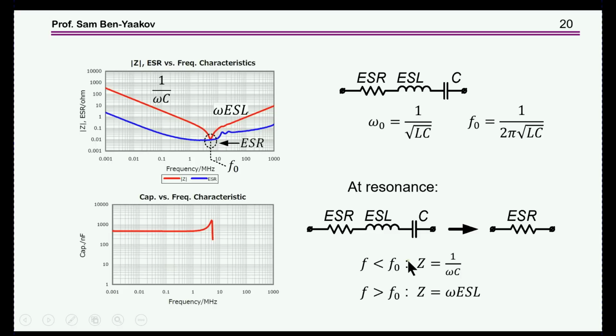And then we hit the resonance between this and this, and at this point, the reactive elements are canceling each other. We are left with the ESR. So this is this point here, the ESR, beyond which we are going to see the ESL.